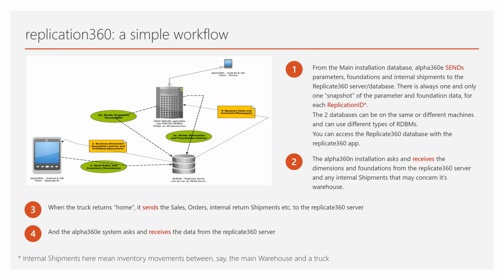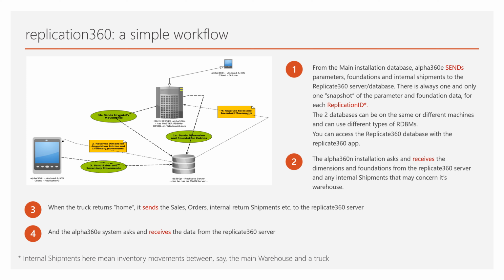Now, on the client, let's say we have a mobile Android smartphone. We have installed on it the alpha360N. Remember, every installation of the alpha360 system has its own replicate sec.